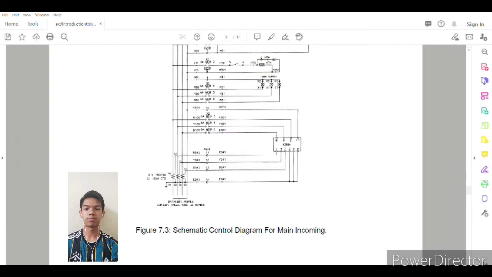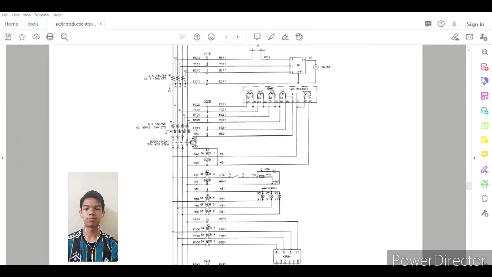The CTs are connected to the kilowatt meter, and you see this also has CTs. These CTs are connected to the relay. It has 4 units. When it connects to the relay, it must step down to 5A because the electronic type cannot receive the high current. So it steps down to 5A.